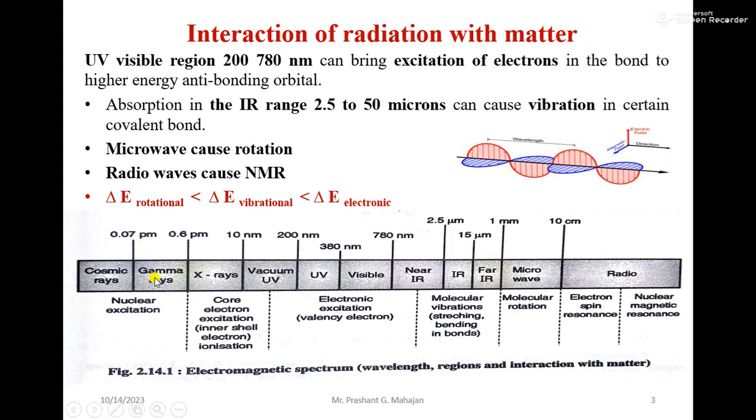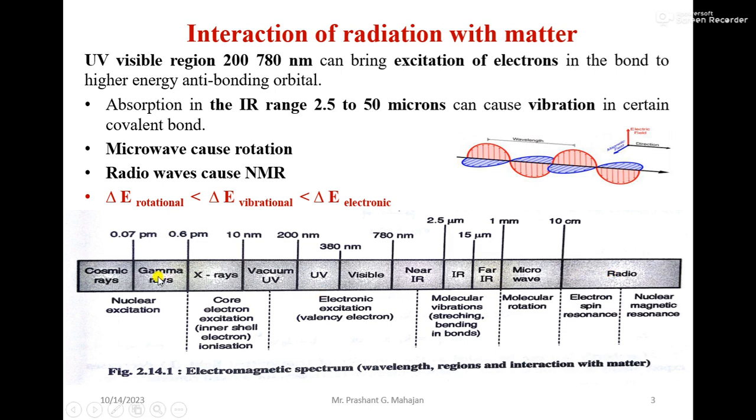If the wavelength is between 0.07 picometer and 0.6 picometer, it is gamma rays. Then next are X-rays, vacuum UV, UV, visible, near IR, IR, far IR, microwave, and radio waves. This is the total electromagnetic spectrum.